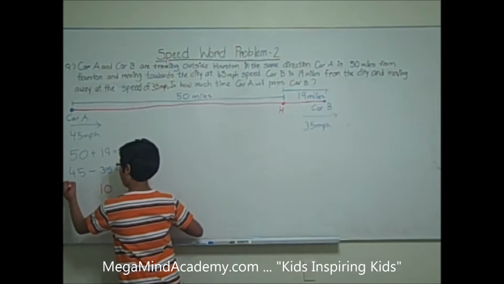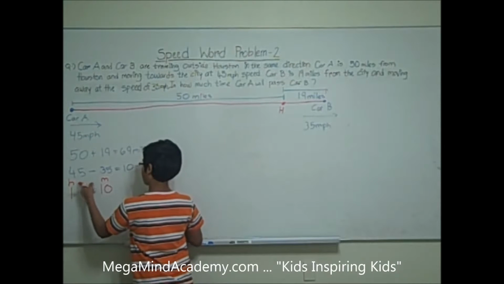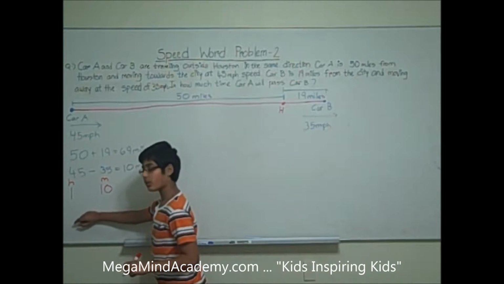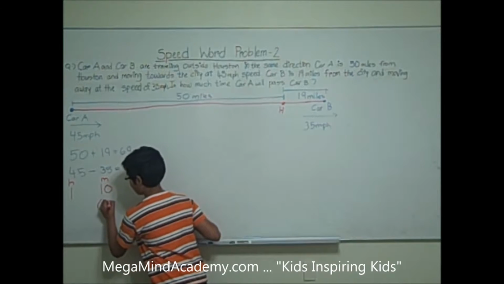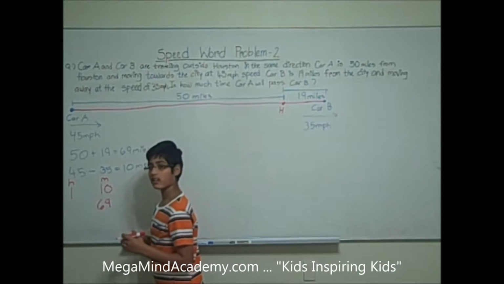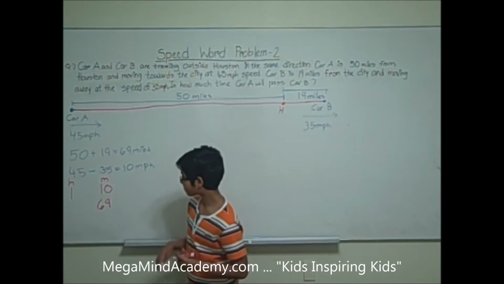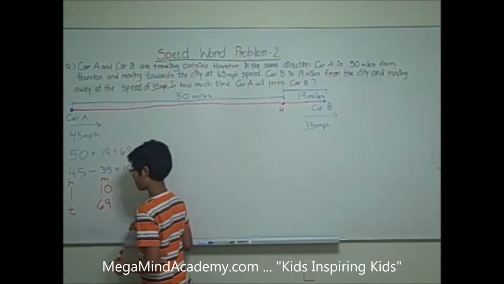Let's label this column hours and this column miles. H for hours and M for miles. So in how many hours will car A travel 69 more miles than car B to pass car B? Let's label this T, T for time.